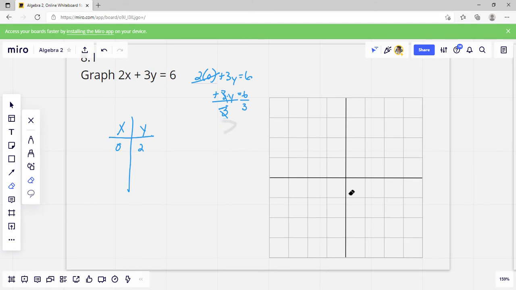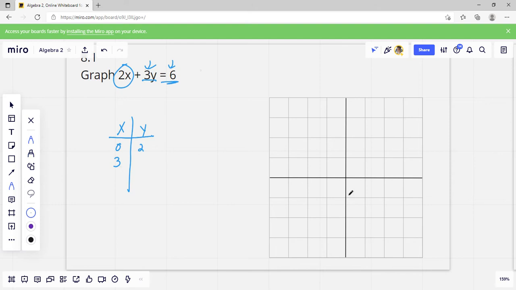All right, let's try another one. Now, if I look over here, I can see that my x term and my equals term, both of these that aren't connected to the x right there, the y term and this other one, are both divisible by 3. So if I use 3 as my x, it's going to come out even.